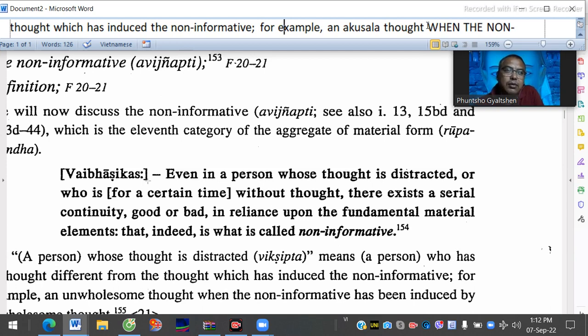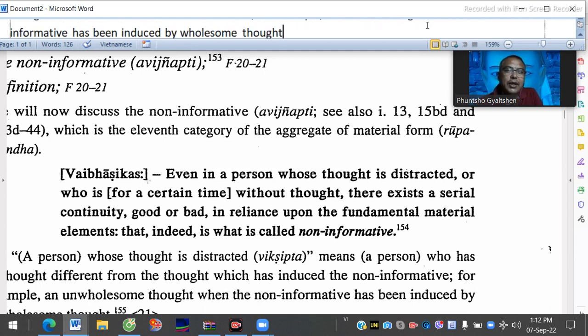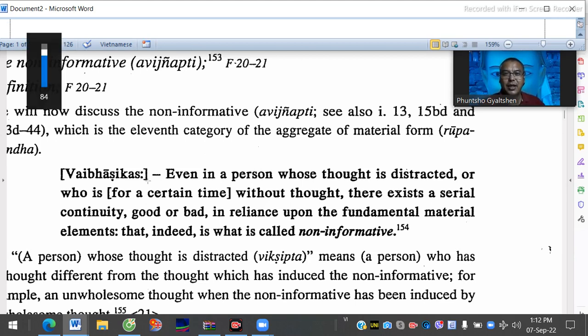Now, the interesting point here is the Vajrayana says, the moment you receive these monastic vows, your entire body will be covered up. Just like we cover our body with a cloth, some kind of invisible, non-informative type of body will take over you and envelop you.